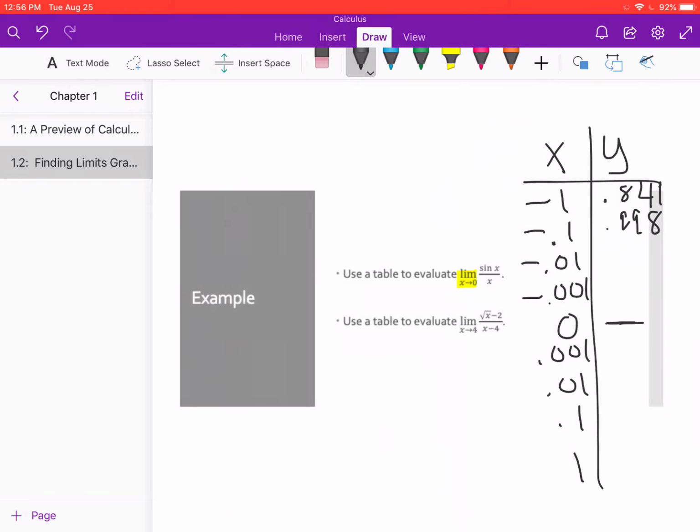Negative 0.01 is 0.999. And negative 0.001 is about 1. We're going to get 0.9999. If we plug in 0.001, we get 0.9999. Here we go, finishing the table.